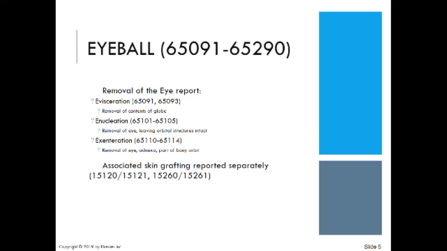65091 through 65290. The removal of the eyeball, you're going to report with an evisceration, 65091 or 65093, removal of contents of the globe; enucleation, 65101 through 65105, removal of the eye, leaving orbital surface and orbital structures intact; exenteration, 65110 through 65114, removal of eye, adnexa, and part of the bony orbit.